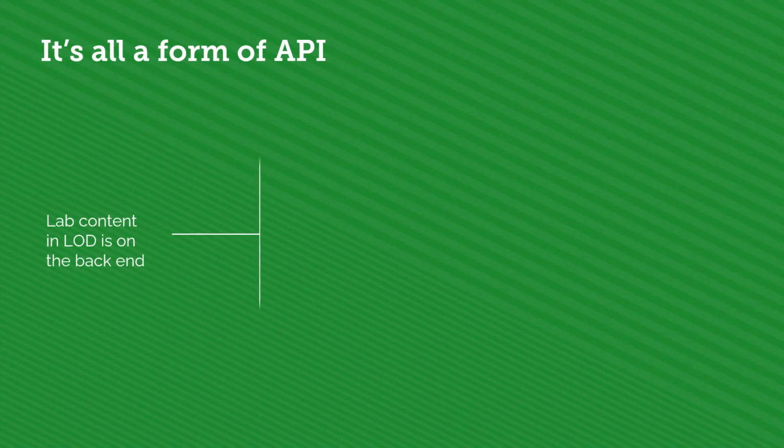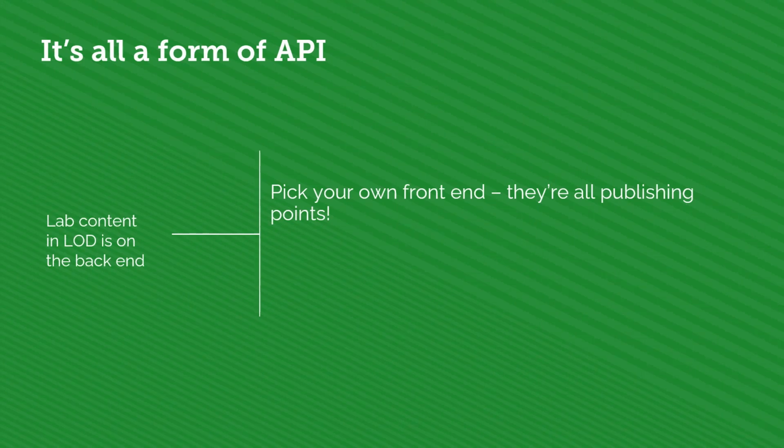It's really all about the fact that this is all a form of API. The lab content in Lab on Demand, so all of your launch buttons, all of your instructions, all of your virtual machines and cloud credential or cloud slice technology and so on, that's all in the back end. And then you pick your own front end. They're all publishing points.